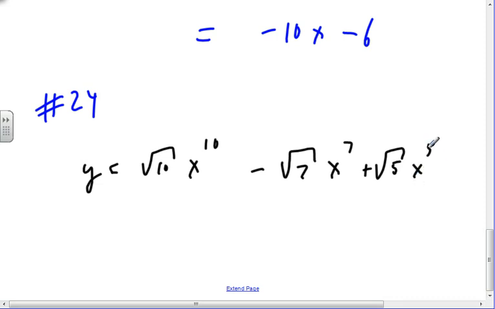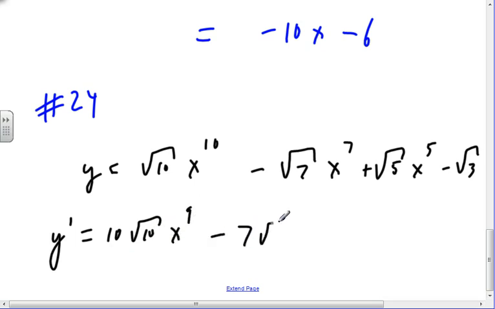X to the 5th, minus the square root of 3. All right, so y prime, 10 square root of 10, x to the 9th, minus 7 square root of 7, x to the 6th, plus 5 square root of 5, x to the 4th. The last guy becomes a 0. I don't write anything.